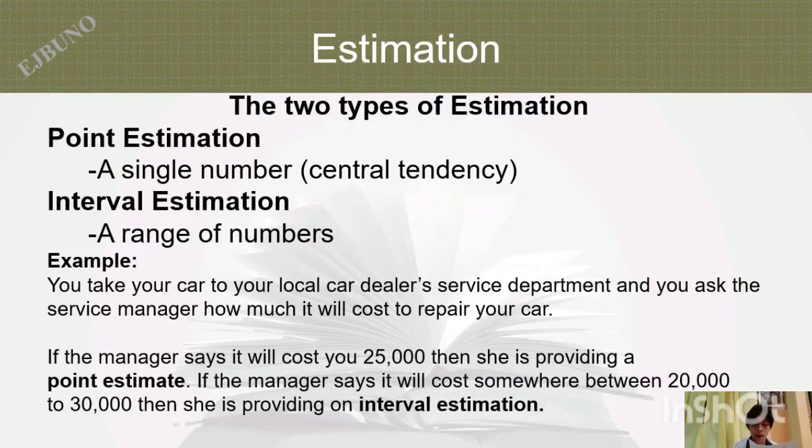If the manager says it will cost 25,000, she is providing a point estimate. If the manager says it will cost somewhere between 20,000 to 30,000, she is providing an interval estimate.